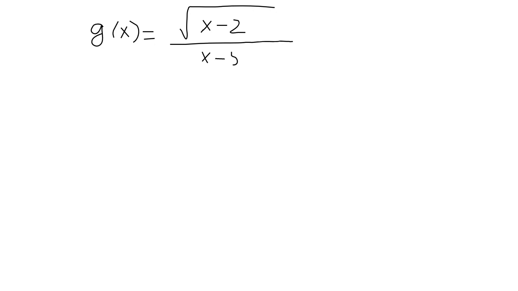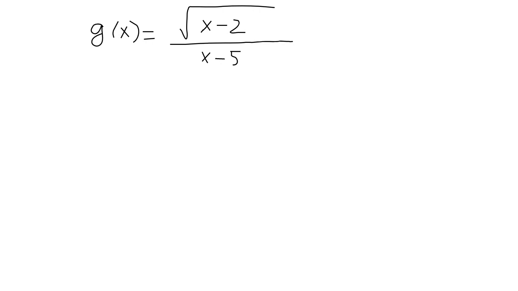Take g of x equals radical of x minus 2 divided by x minus 5. So you have to deal with both cases. Now we combine both cases. So how to find the domain of this function?